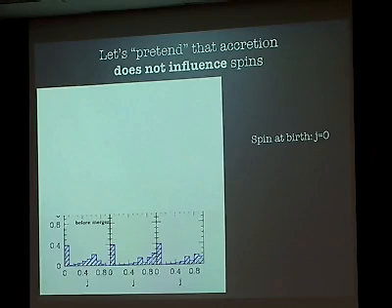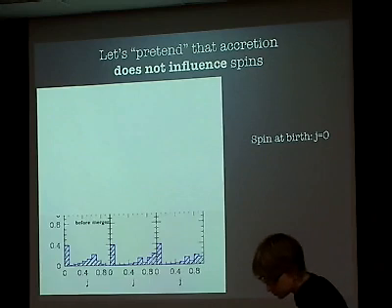At the moment, let's just pretend that black holes grow only by mergers, and accretion doesn't influence spins. Take all the black holes in my models and let them change in mass and in spin because of mergers. This plot shows the distribution of spins, the number of systems as a function of the spin, in which I assume you start from all black holes with very low spin and let them grow by mergers.